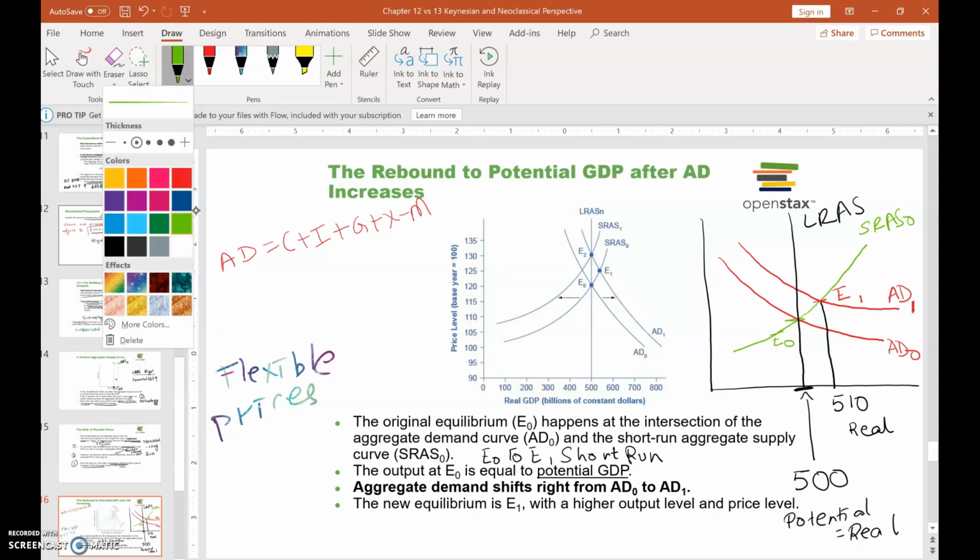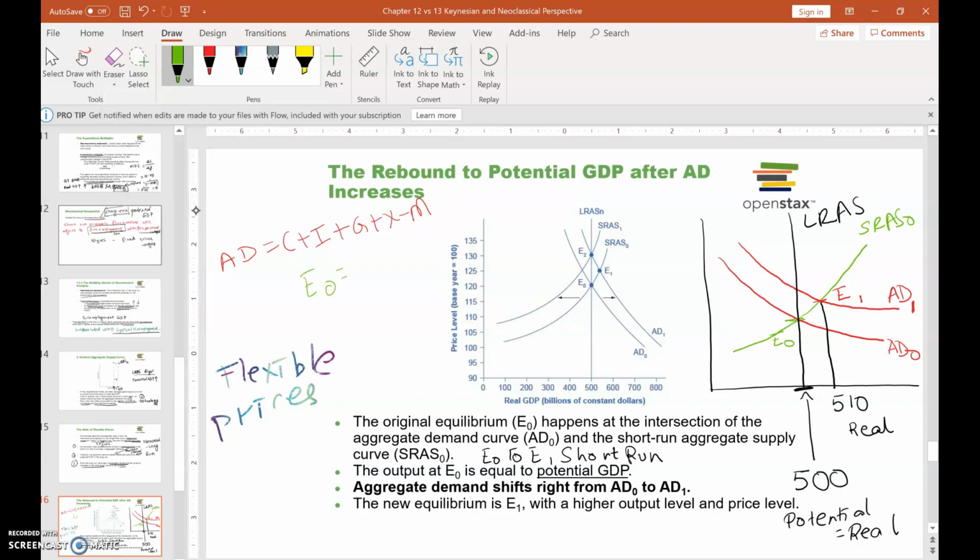Now, this is a short-run equilibrium. So what we are seeing here is point E0 is my initial equilibrium point. Point E1 is short run, and this point E1 cannot be sustained for long because we are producing more than our potential gross domestic product.